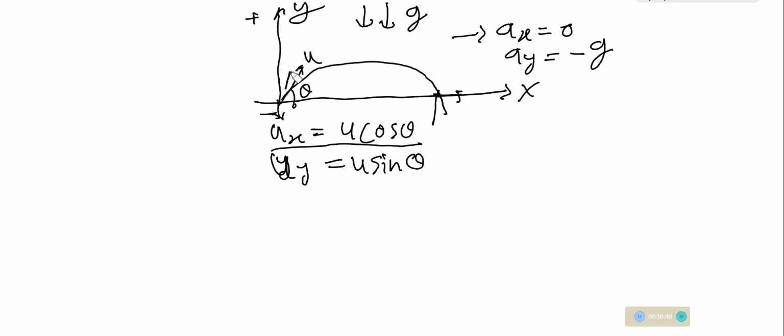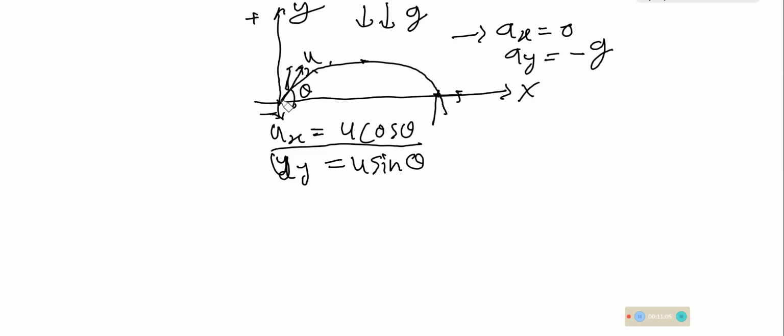First this component will decrease, and at maximum height uy will be 0, and after that it increases. So uy is changing throughout the motion.